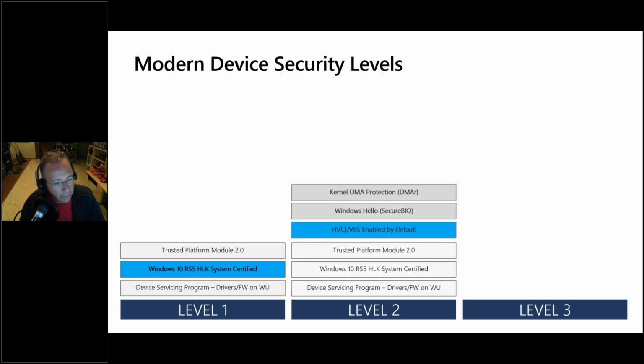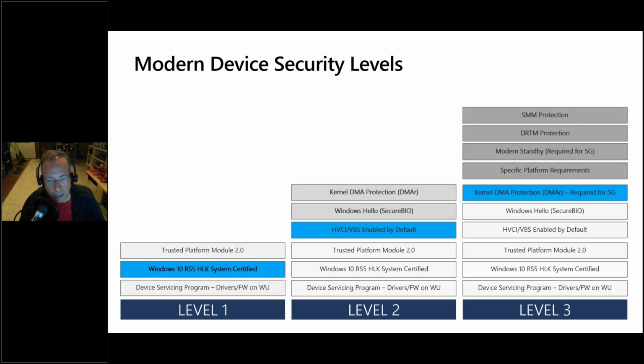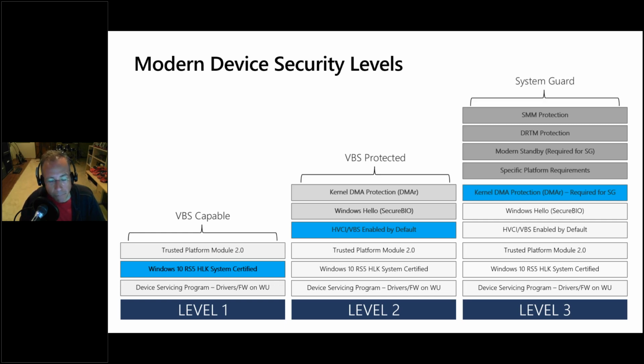When we start getting into the second level, it's like, we have good enough support for virtualization that we can start to enable those features by default, that we can enable features like Windows Hello, that we can have kernel DMA protection, all the way up to level 3, which gets specific platform requirements, modern standby, which is a requirement for System Guard, and all the various protections that really enable a high security experience. So to simplify, rather than a big stack, it's like moving from VBS capable to VBS protected to a full System Guard environment around the devices.